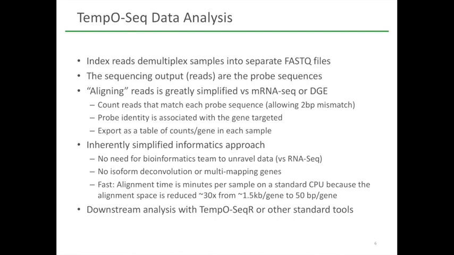So the algorithm simply counts reads that match each of the probes that were present in the assay, whether it be the whole transcriptome or smaller targeted panels. The algorithm is tolerant to mismatches that represent sequencing errors.